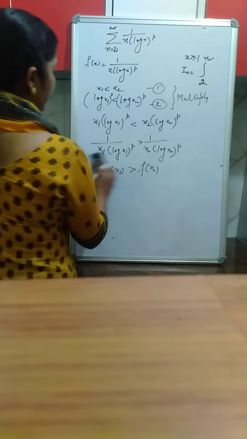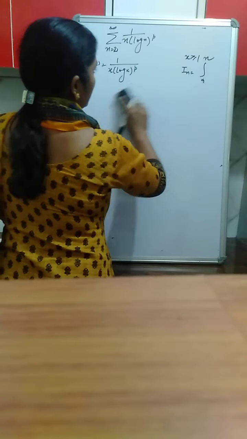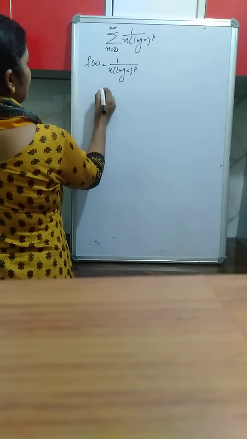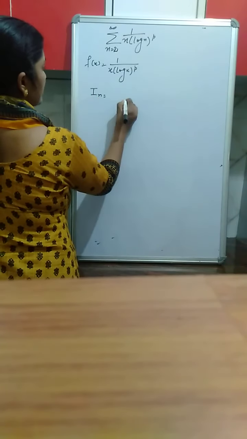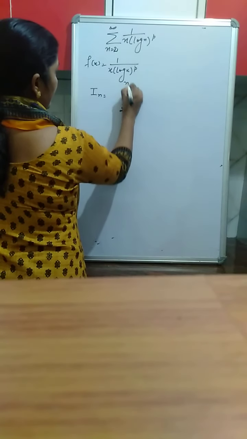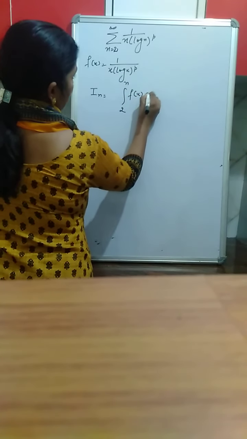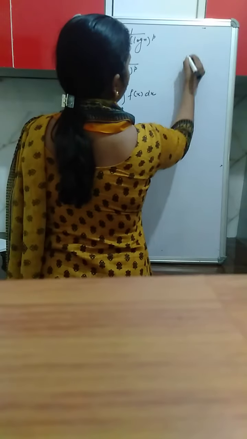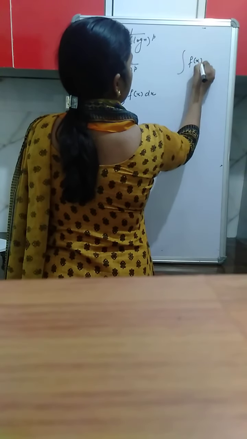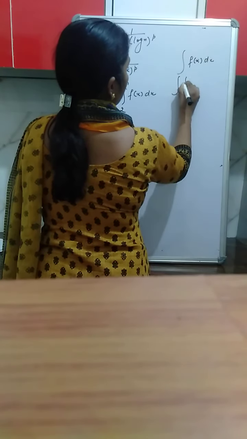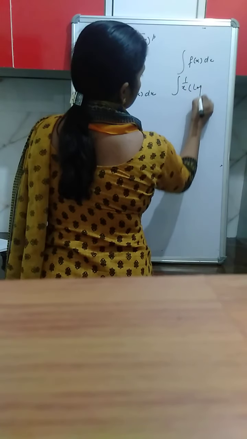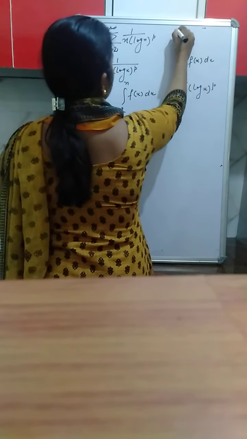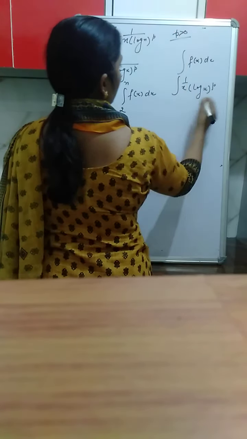So integration of f(x). Now find I_n, which is the integral from 2 to n of f(x) dx, and f(x) dx is 1 upon x (log x)^p dx, where p is a positive real number.